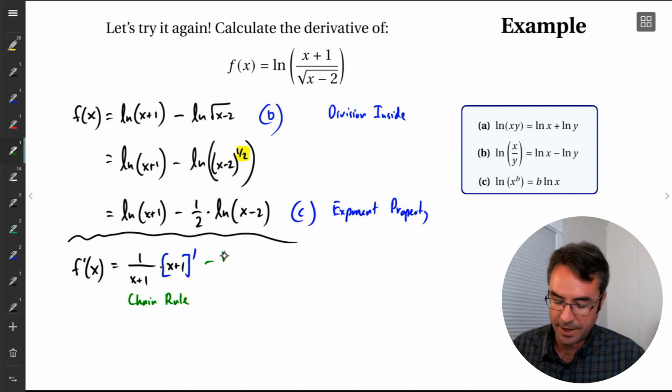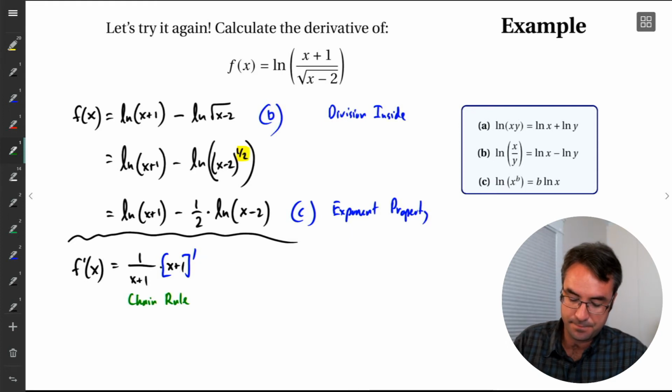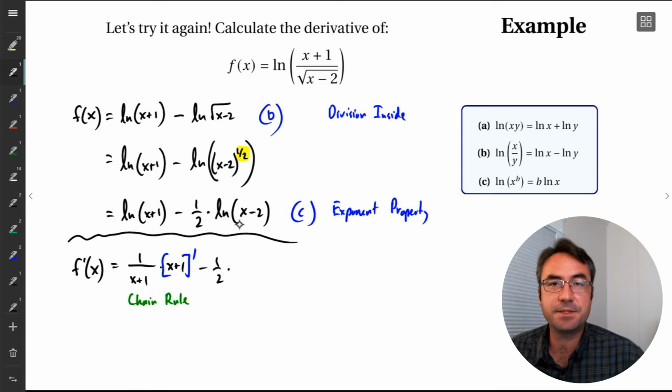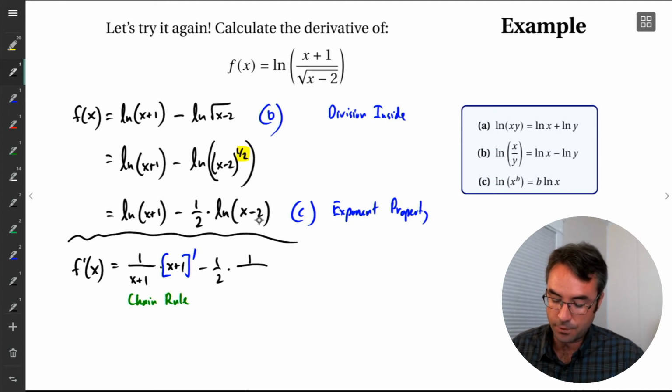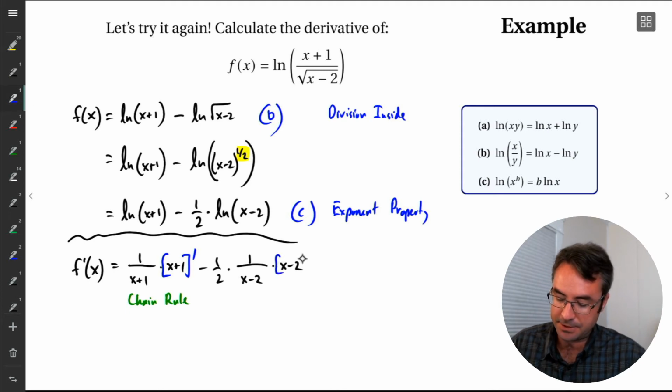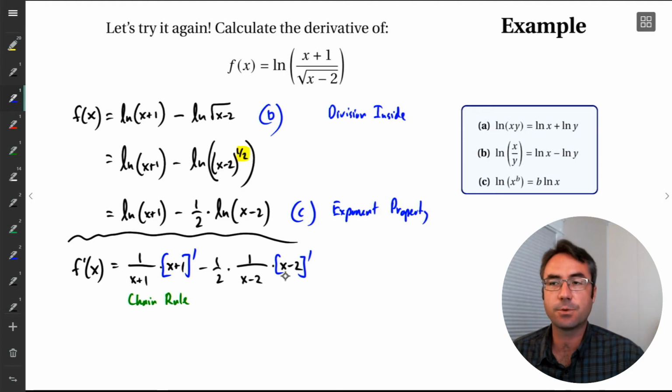So we have a minus 1/2. And we want to differentiate this log function. So again, it's a composite. So we need to differentiate our way through this log function first. So it's 1 over what was inside. So 1 over x minus 2. And then we take that inner function and we multiply by its derivative. So we're going to multiply by the derivative of x minus 2.